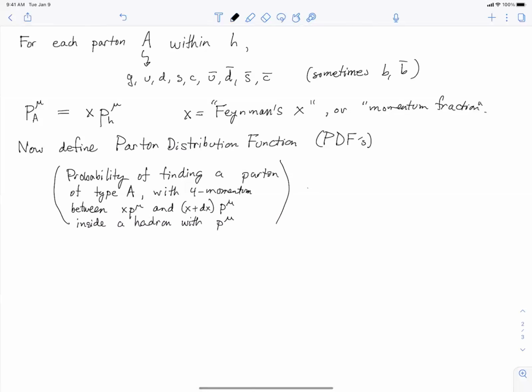Okay, so that's some big probability that we could, in principle, either measure or calculate.